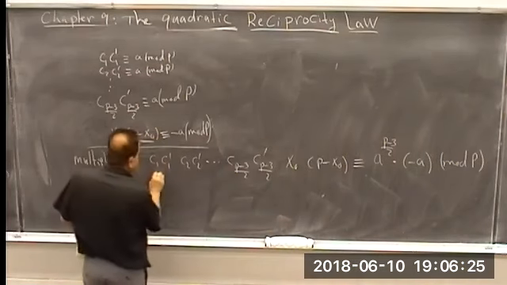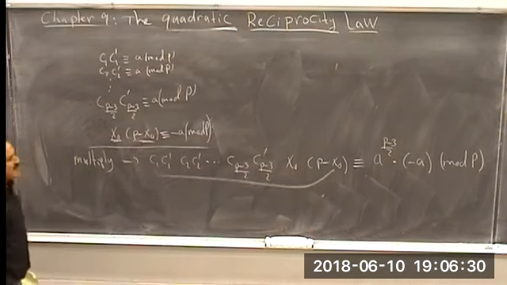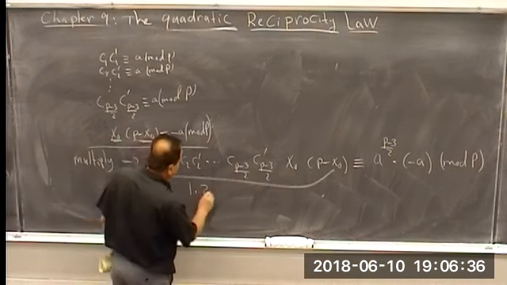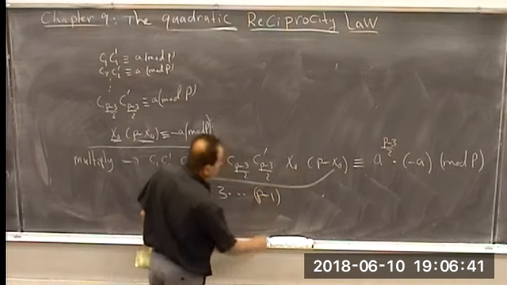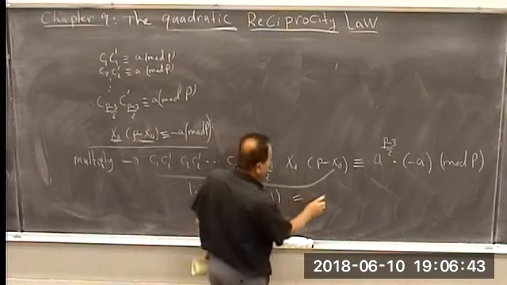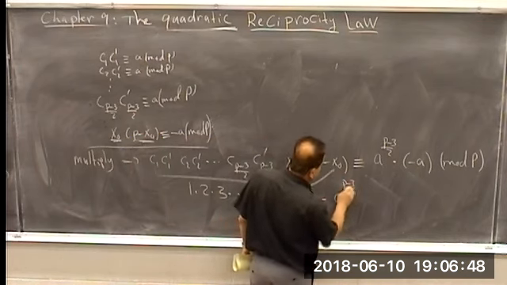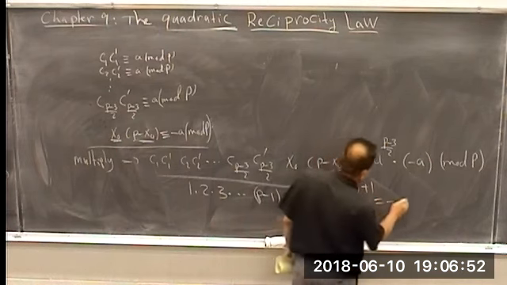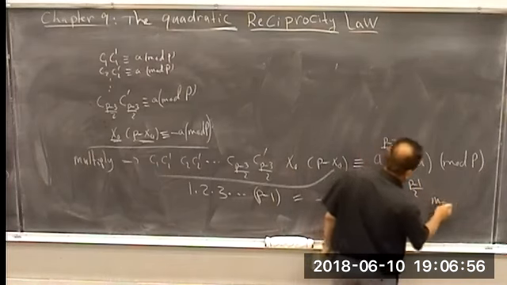Again, these integers are the same as the integers from 1 to p minus 1 in some order. So when we have them multiplied, we can rearrange the product to this. And this is congruent to negative a to the power p minus 3 over 2 plus 1, which happens to be, of course, a to the p minus 1 over 2 mod p.